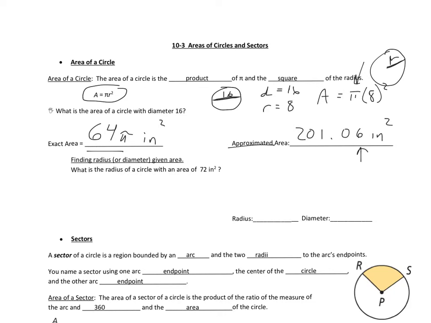You might also have to work backwards, just like we did last week. In this case, it gives us an area and asks us for a radius. Well, area equals pi times r squared. So if the area is 72, that equals pi times r squared. You'd have to divide both sides by pi. So you have 72 divided by pi equals r squared.